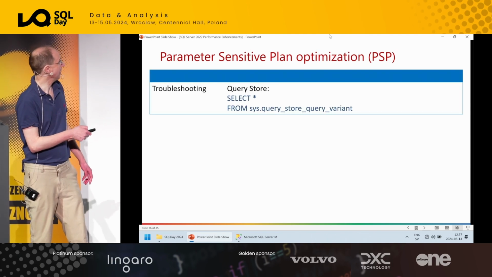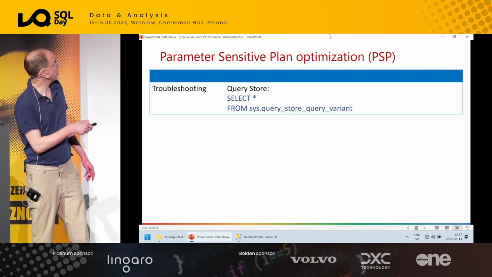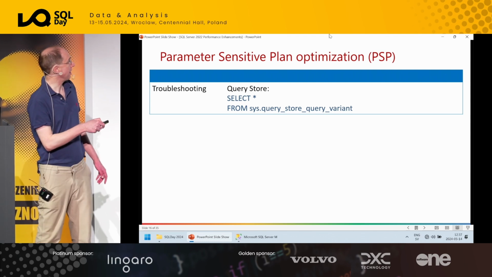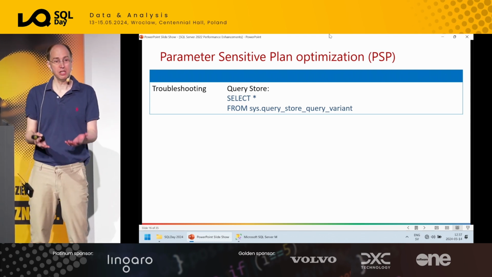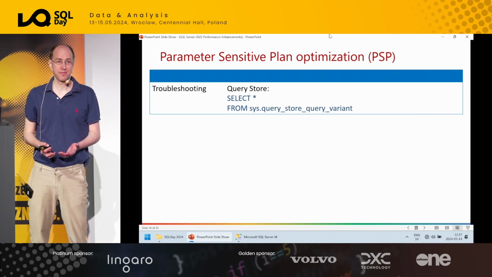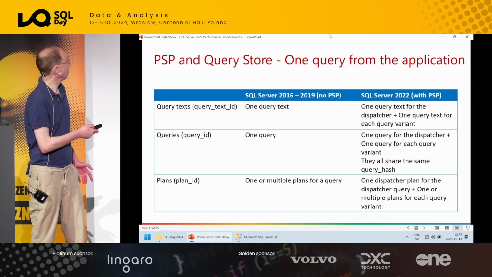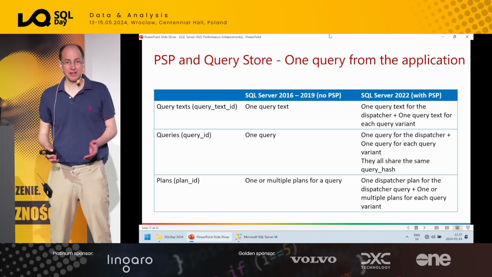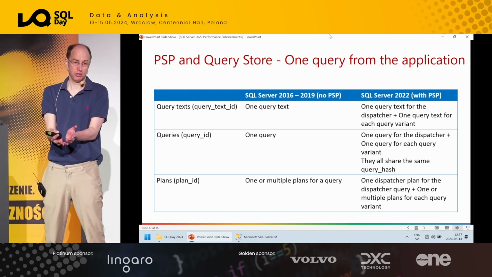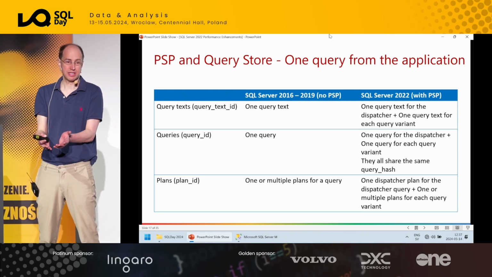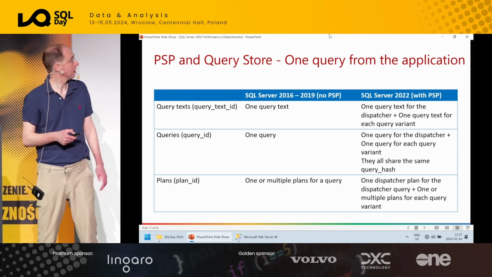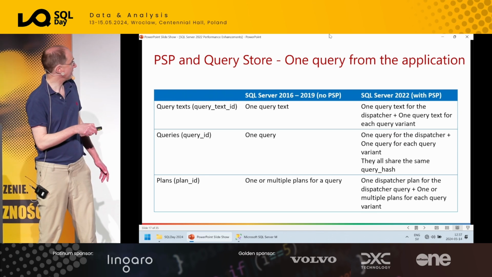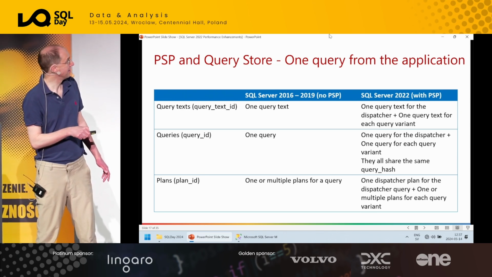Overall, I think it's a really useful feature. You can see here in Query Store how many of those query variants you're getting. That's a way to see how often this feature is kicking in. There's also some implications in Query Store. Before this feature, a query coming in to SQL Server gets stored in Query Store. Inside Query Store, you will get one query text, and then you can get one or multiple plans for that query.